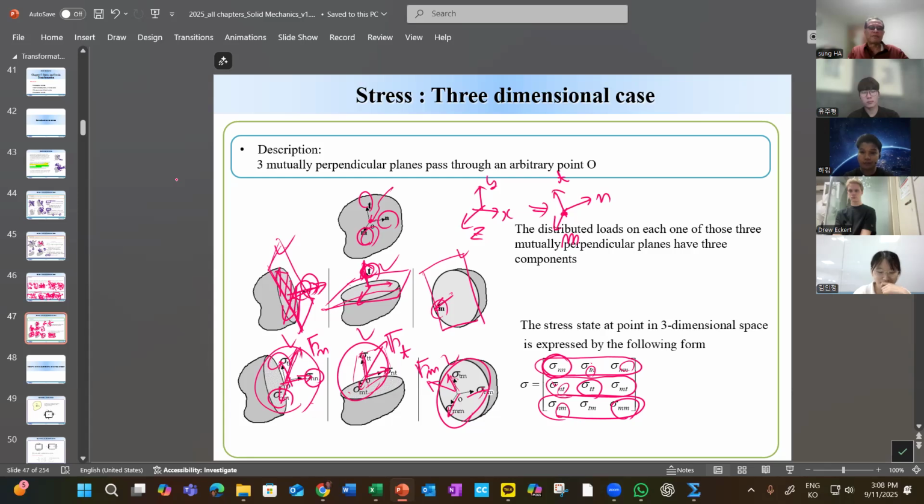The point is that this is the one vector, the vector on the n, t, and m, and this is the diagonal term.